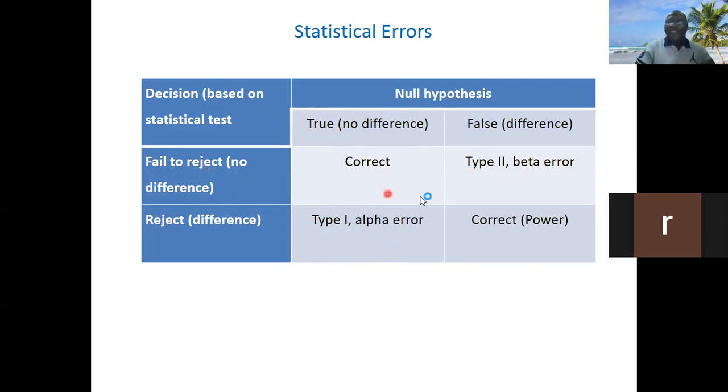So if you want to remember, just say rejecting the truth, not rejecting the false. From the statements, you know that they are not proper. You reject the truth, you fail to reject the false. It means that you have not done the right thing. So now, alpha is type 1 error, beta is type 2 error.